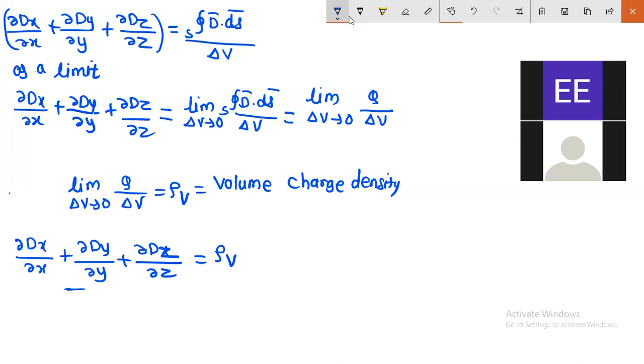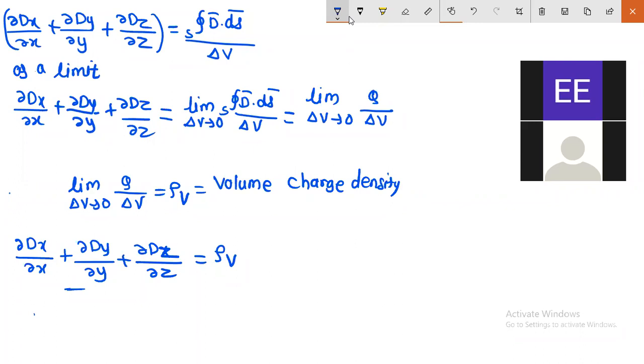Gradient is a vector quantity. Divergence is a scalar quantity and curl is again a vector quantity. So here this is a scalar quantity. This is the partial differentiation with respect to x, y and z, the partial derivatives of the vector D bar. So this is the divergence.